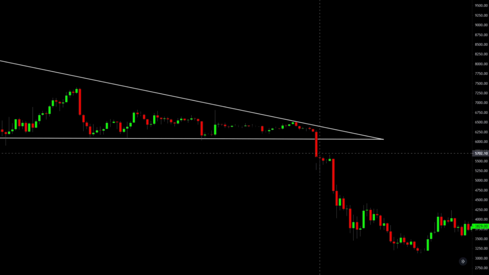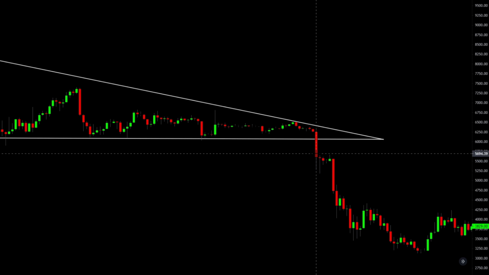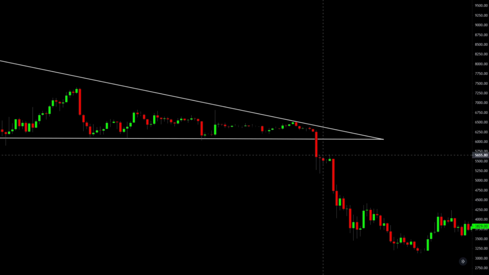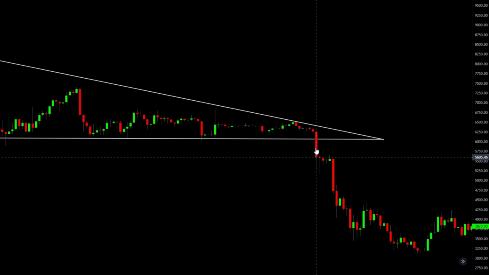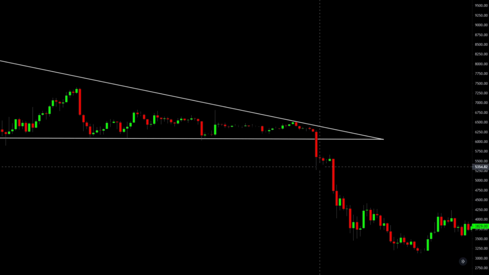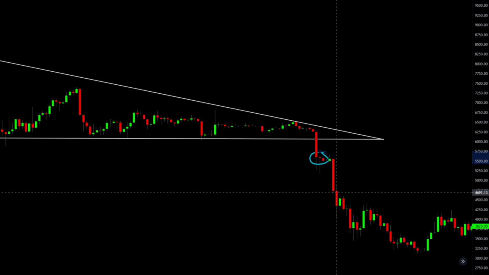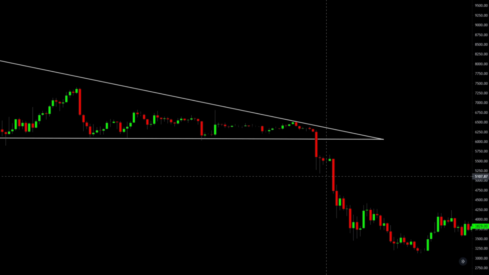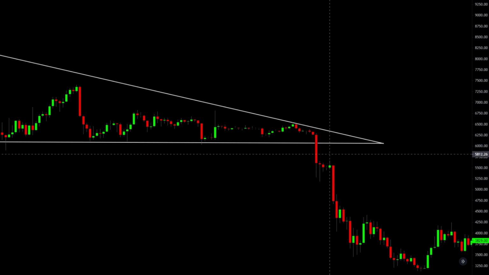Some traders prefer to wait for some confirmation candles before they enter. As you can see, after this breakdown, we saw some red candles right here, and some traders like to see at least one, sometimes two, maybe even three candle closes below the structure before they decide to enter.